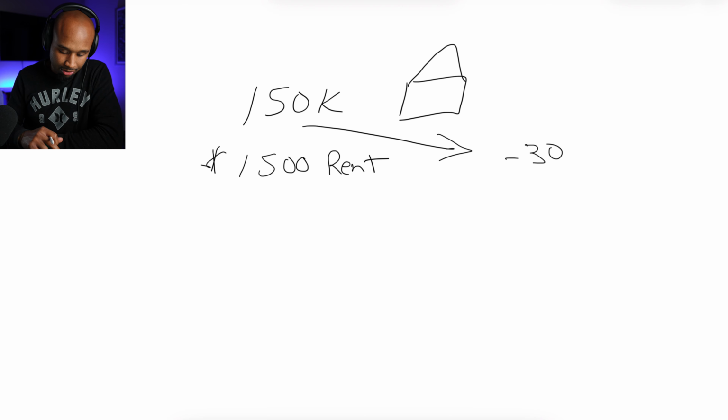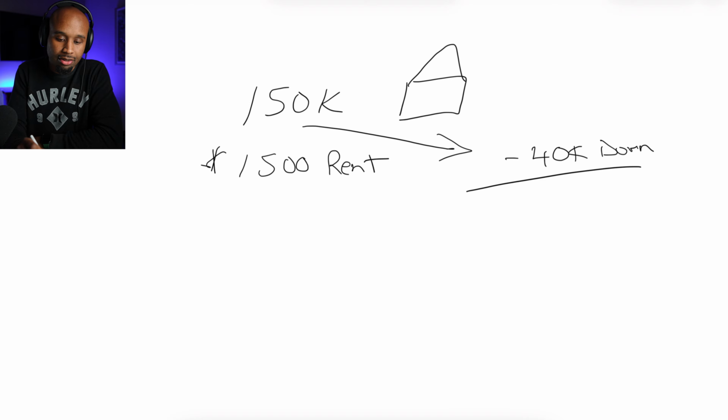Let me check my work to make sure. Yeah. So that's $37,000 that you have to put down to buy this property. So let's erase this and let's say 37. Oh, let's just say 40 grand. Let's just say, okay, you got to put down 40 grand to buy this property. So 40 grand down.